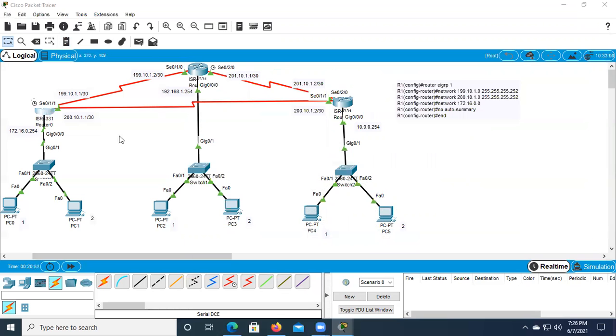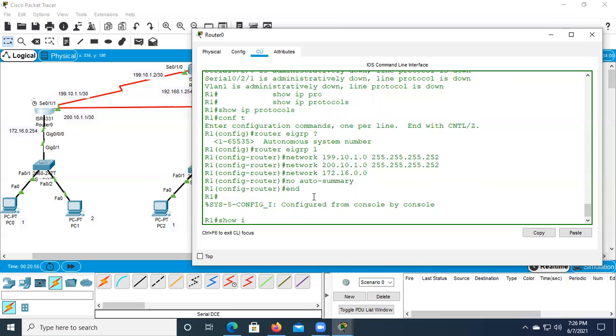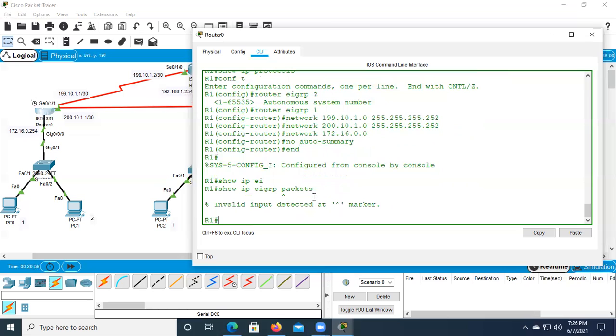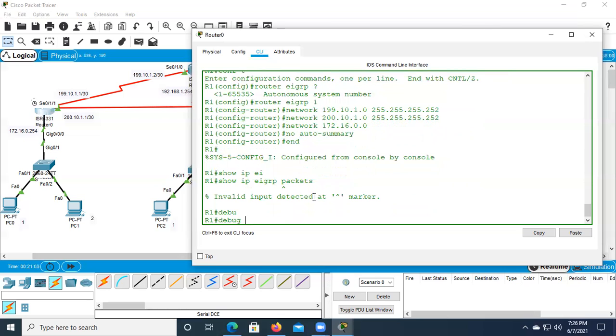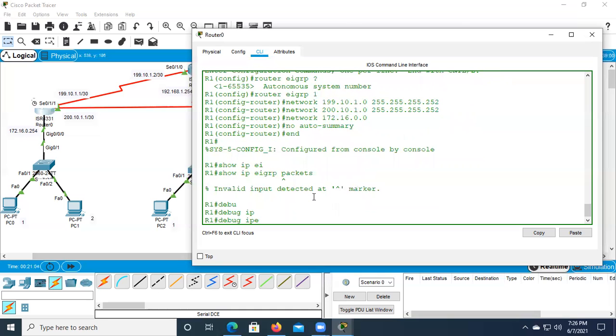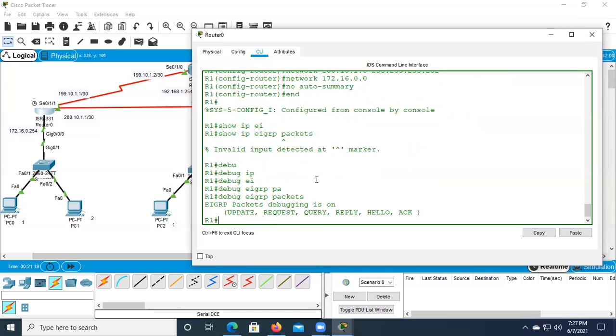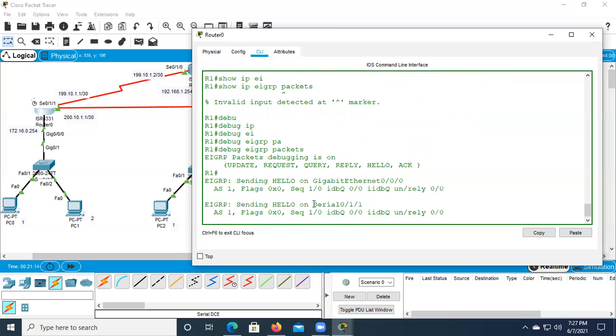In router 1 again, if I'm executing the command, not the show command, there is a command debug EIGRP packets. That's it. The command is debug EIGRP packets, and you get debugging is on.